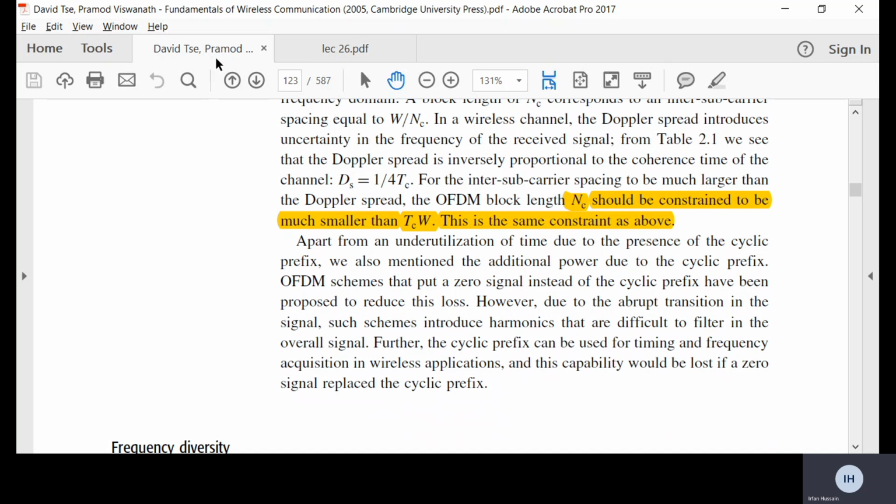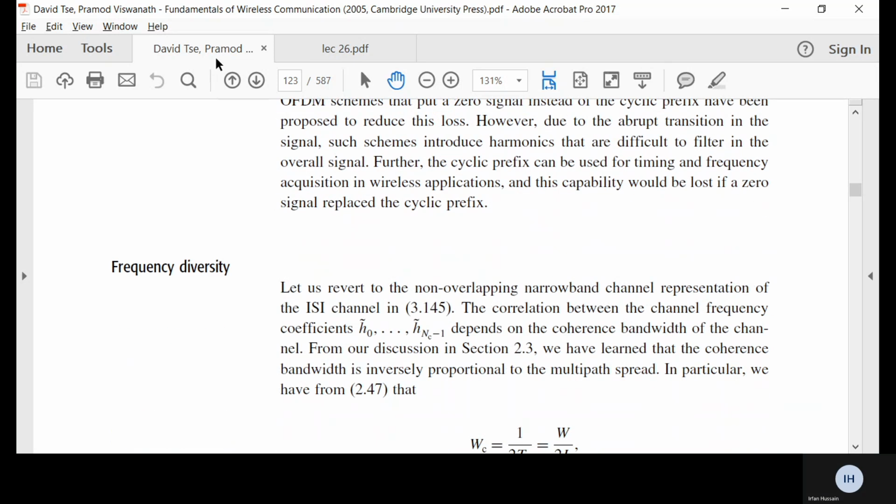Further, the cyclic prefix can be used for timing and frequency synchronization in wireless applications, and if you do not use it, you will have to have a separate signal for timing. So that is another advantage of using a cyclic prefix.